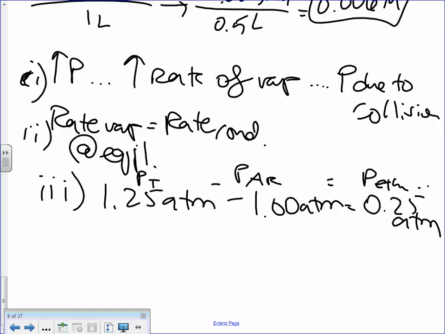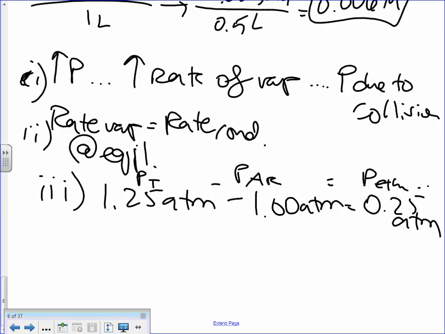And then part 4, at 80 seconds, additional liquid ethyl methanoate is added to the container. Does the partial pressure of it increase, decrease, or stay the same? Zonky, what'd you say? I would say remain the same. Why remain the same? Because the equilibrium is reached, you don't want to change it.